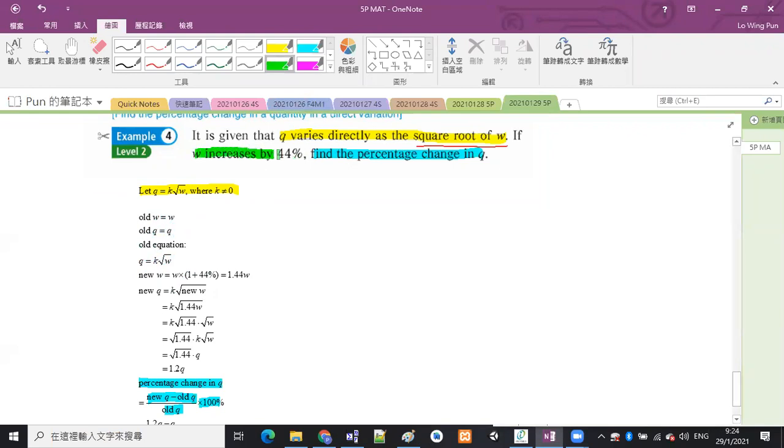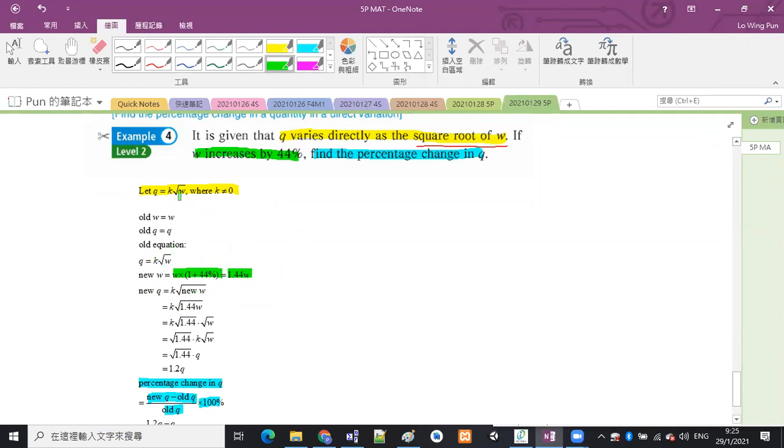W increases by 44%. Then the new W will be calculated by this, and it is equal to 1.44 W, right? Okay, and then what we really need to do is to find the new Q. New Q can be calculated by putting the new W into the equation.